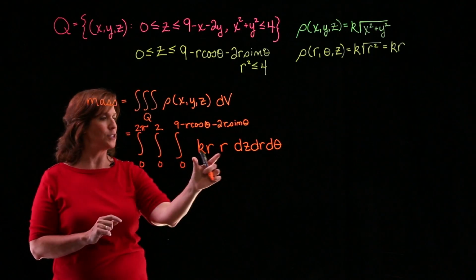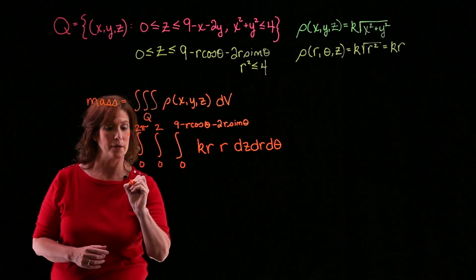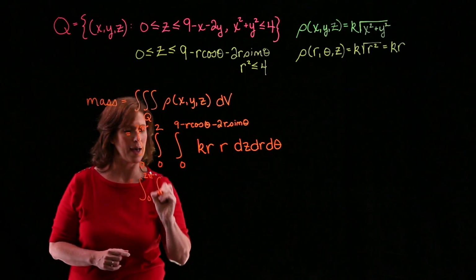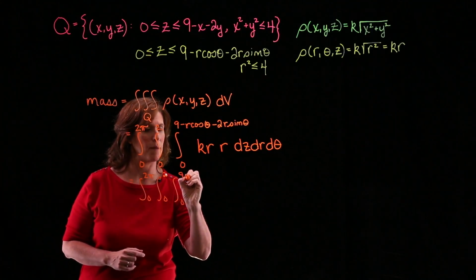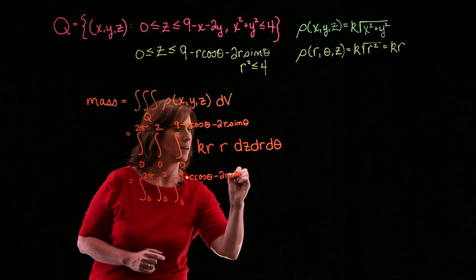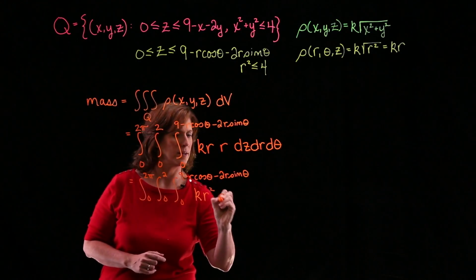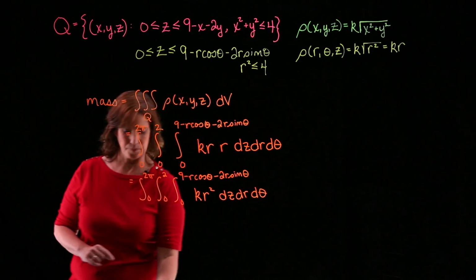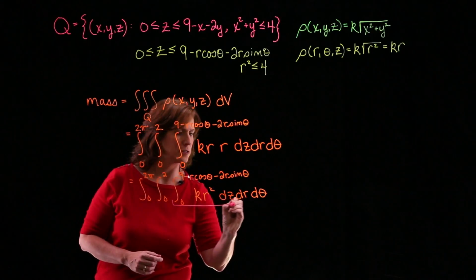All right, so I need to do a little simplifying here of the integrand, but my mass integration problem is set up. So let's just do that one more simplification step. The integral from 0 to 2 pi, 0 to 2, 0 to 9 minus r cosine theta minus 2r sine theta, and this will be k r squared dz, dr, d theta. Okay, so with a triple integral, we'll start with the inside integral first of all.